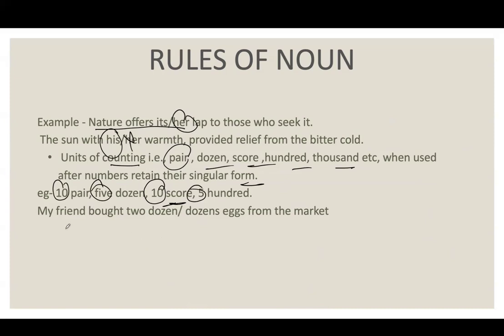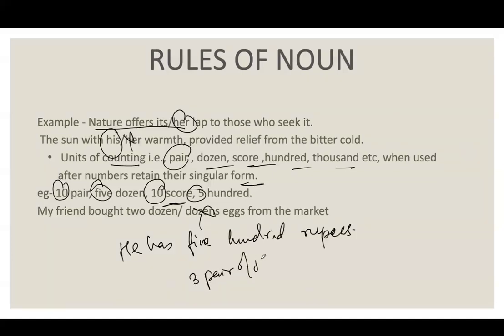For example, my friend bought 2 dozen eggs from the market. For example, he has 500 rupees. For example, she bought 3 pair of shoes.